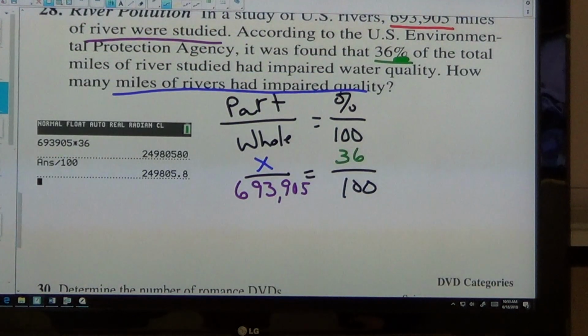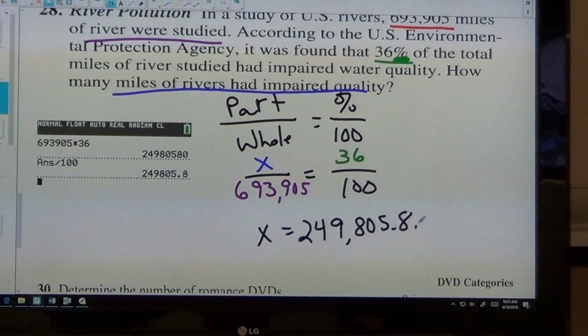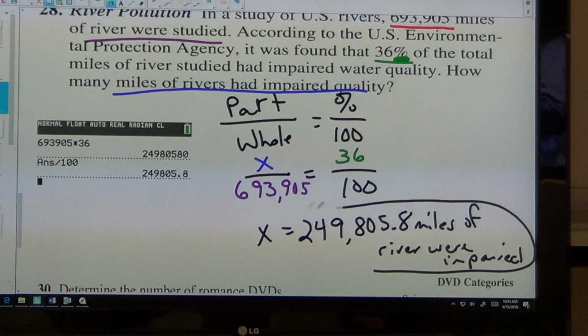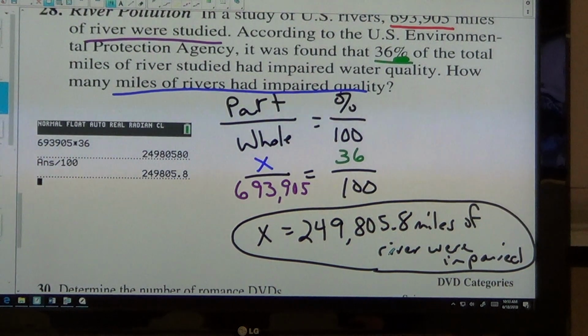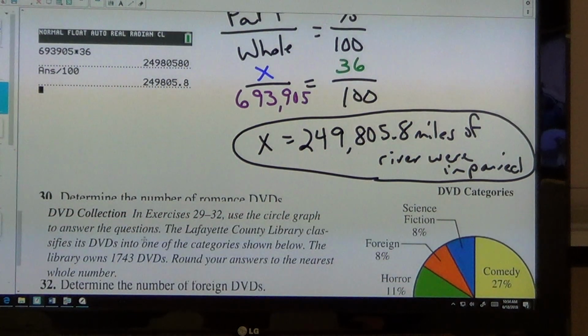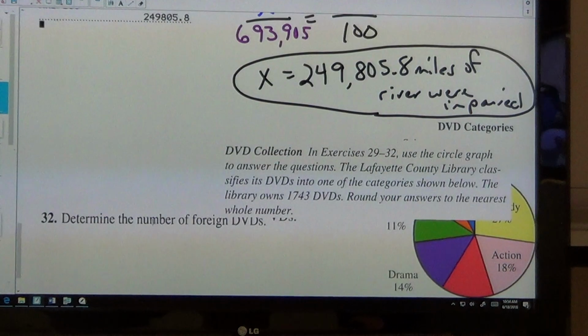So X is going to be 249,805.8 miles of river were impaired or crappy. And they may want it to the nearest whole number. What would this be to the nearest whole number? 249,806. But you can have part of a mile when you're talking about rivers. And we're going to do a lot of these, so don't freak out on me.